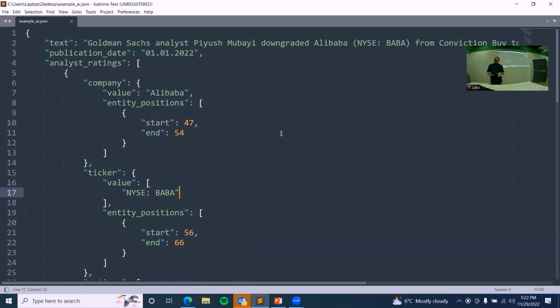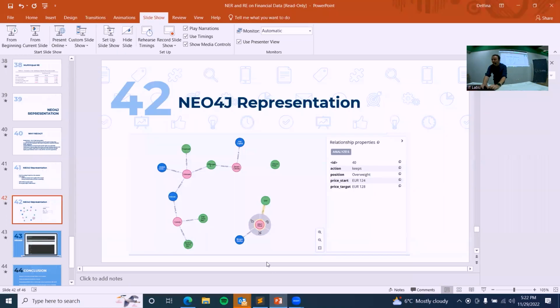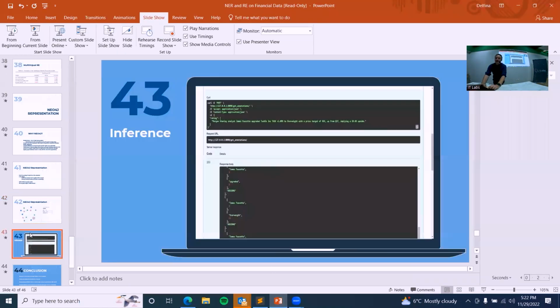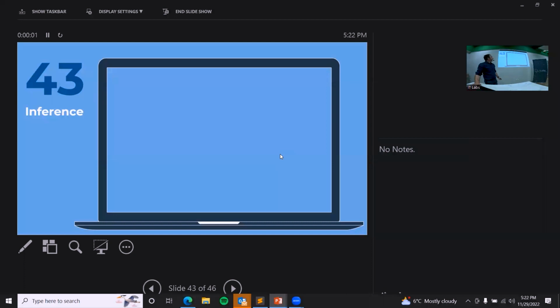So we have a list of lists in the endpoint, and the output is like this. This is used in Neo4j in order to make the knowledge graph. The analysis to extract the knowledge from this is still missing at the end. This was the inference part.